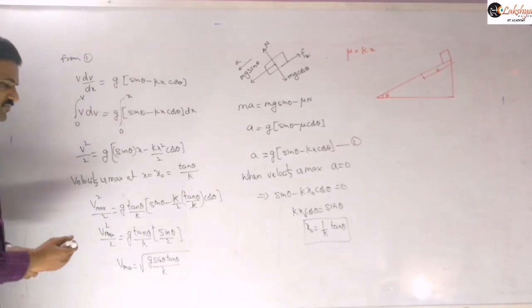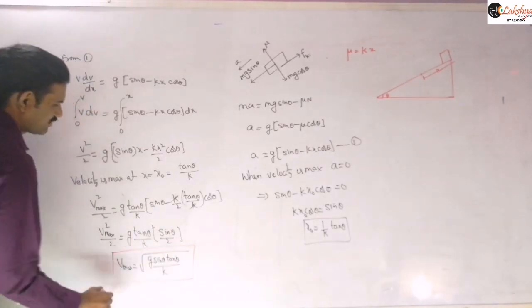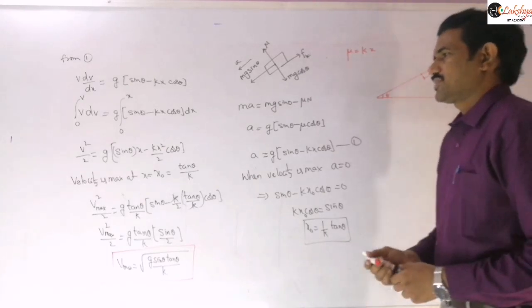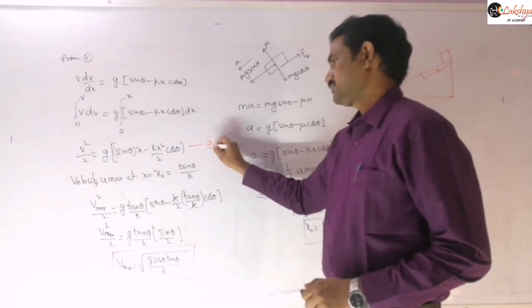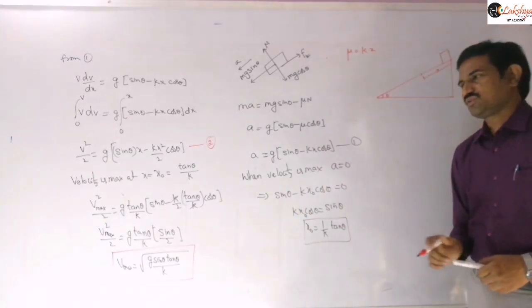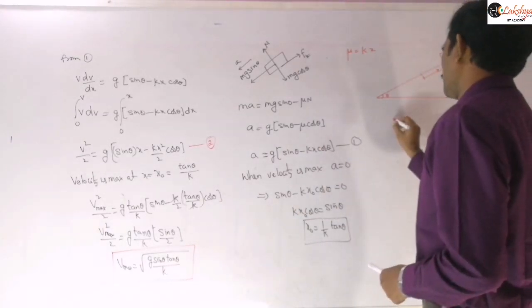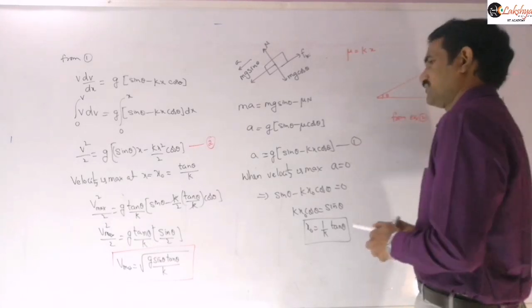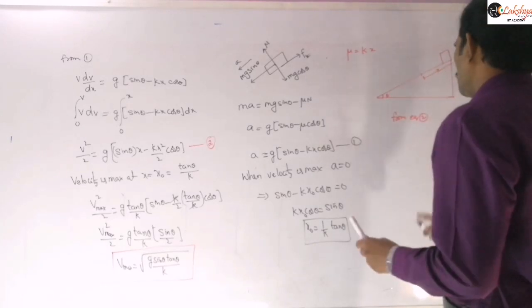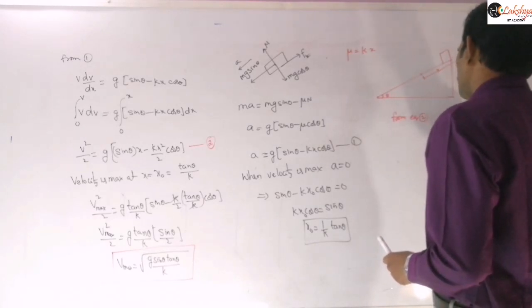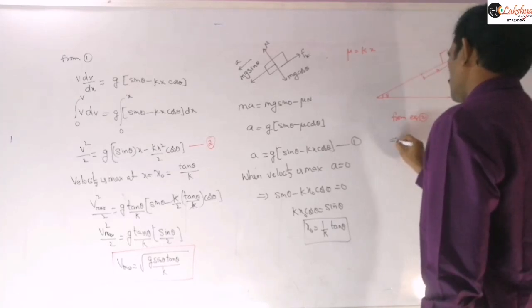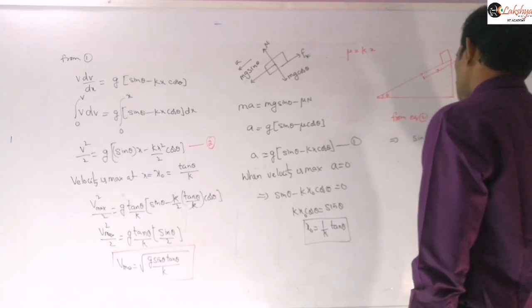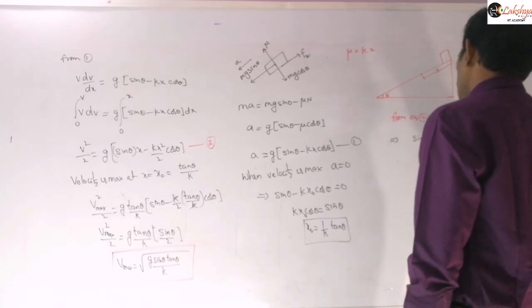And next, the distance at which the particle comes to rest, that you can write here. So this I am taking as equation 2. Now let us write from equation 2 here. If velocity is equal to 0, that means sin theta into x minus kx square by 2 into cos theta is equal to 0.